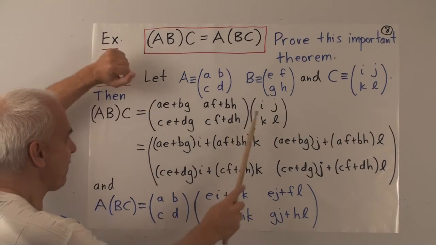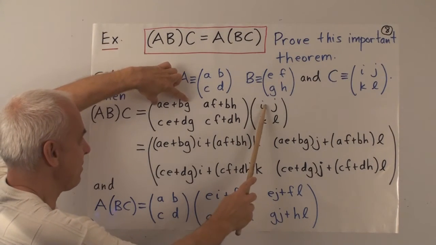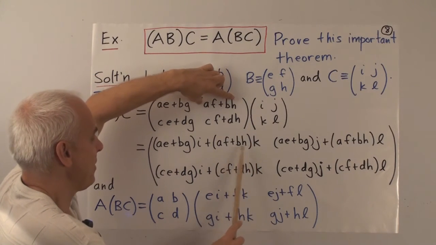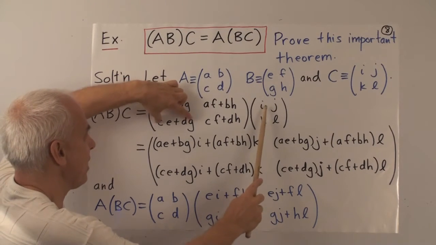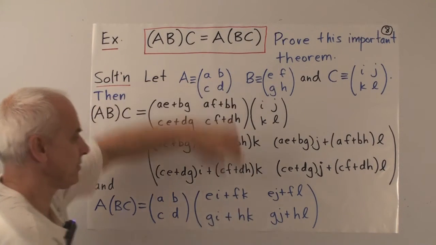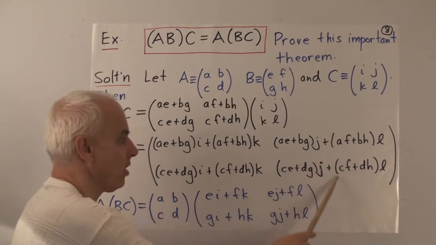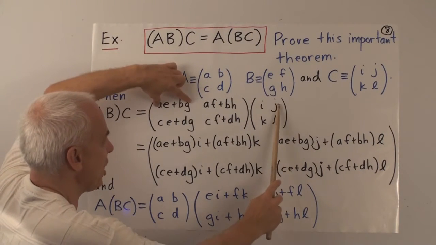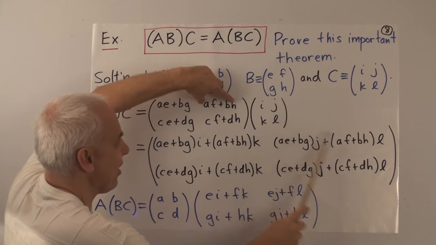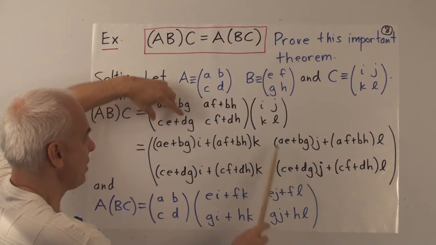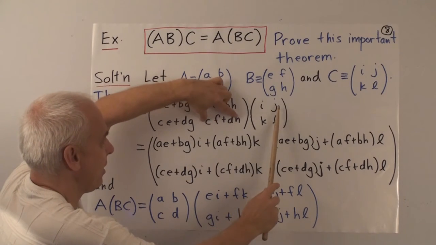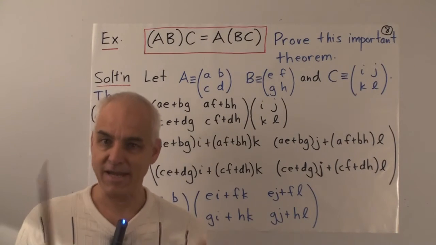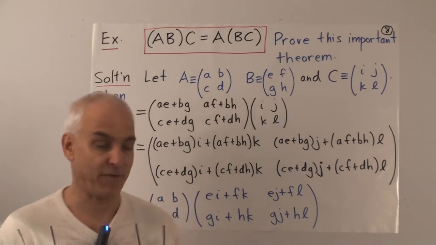Meaning, we take first this times I plus this times K. That's the first entry. And below it, this times I plus this times K. The second column is obtained by taking the same matrix and multiplying by J, L. So this times J plus this times L. And below it, this times J plus this times L. You have to write neatly, write big, write carefully.